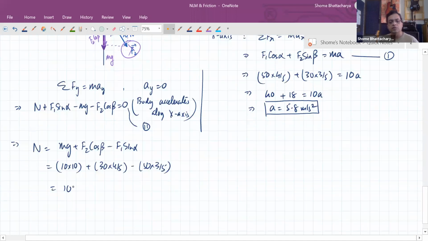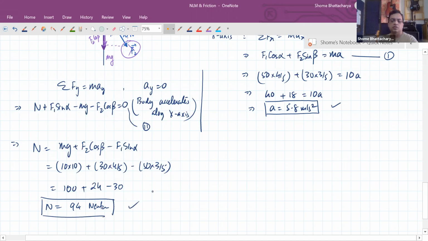So the normal reaction will become this much. So the normal reaction is becoming 94 newtons, whereas the acceleration was this much.